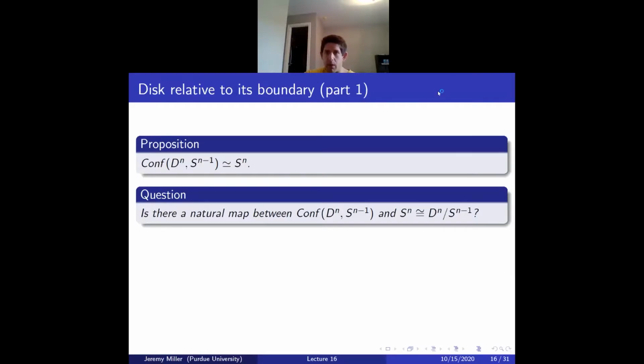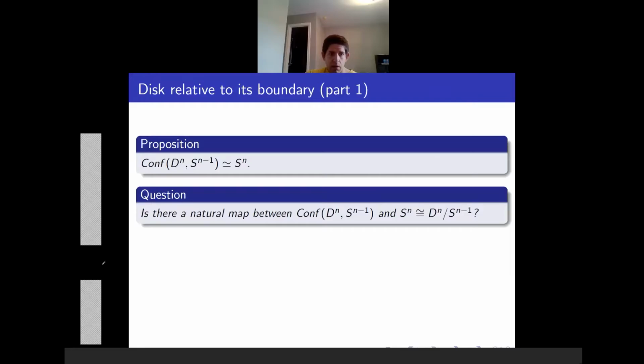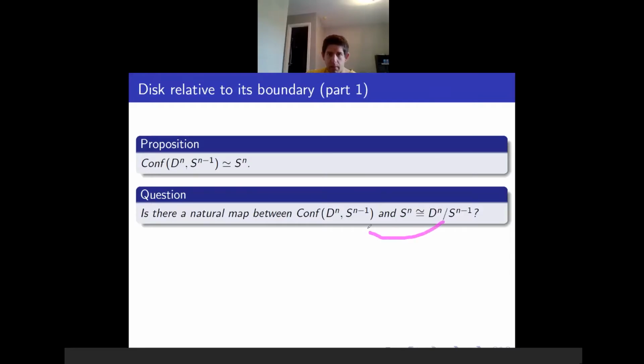So I guess my question: any guesses at any natural maps between these two spaces? One of the maps is going to be reasonably natural, and the other is going to be somewhat ad hoc.